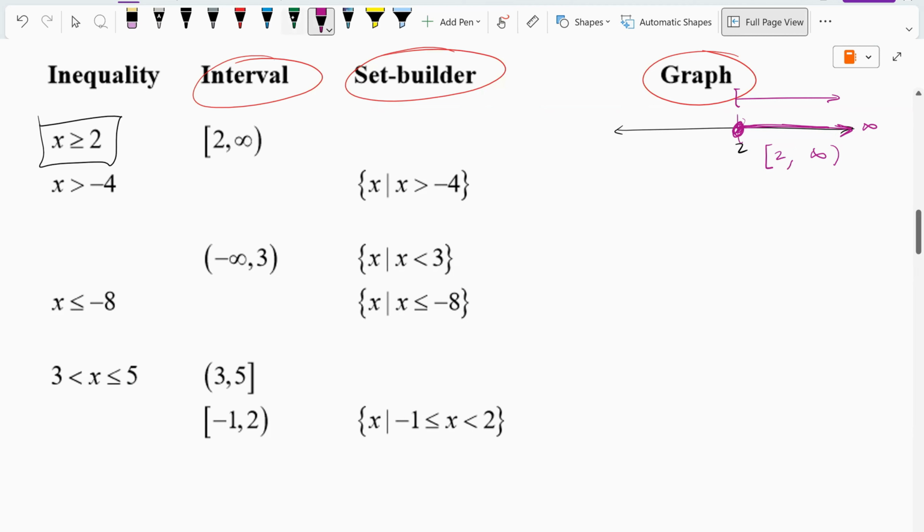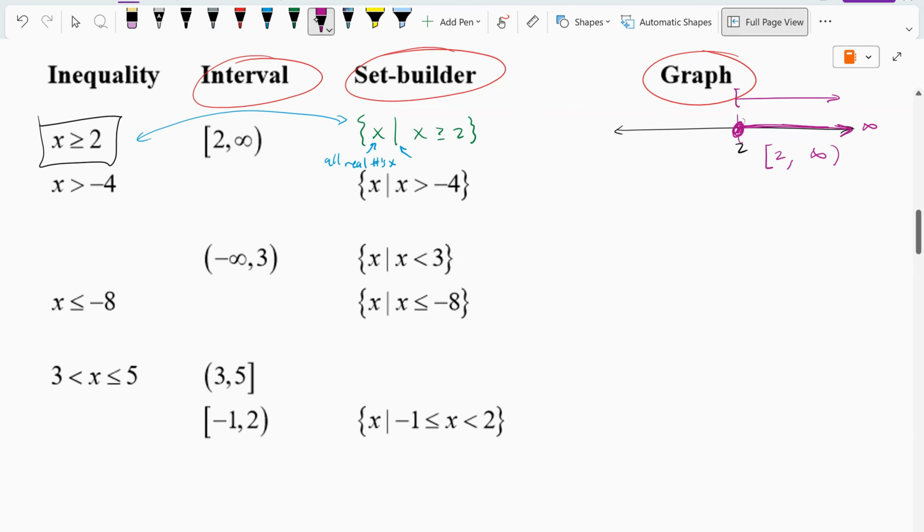So in set builder notation, we're going to write x such that x is greater than or equal to 2. Any questions about this? So just note that set builder notation is very similar to the regular inequality that you solve. This just means all real numbers x.